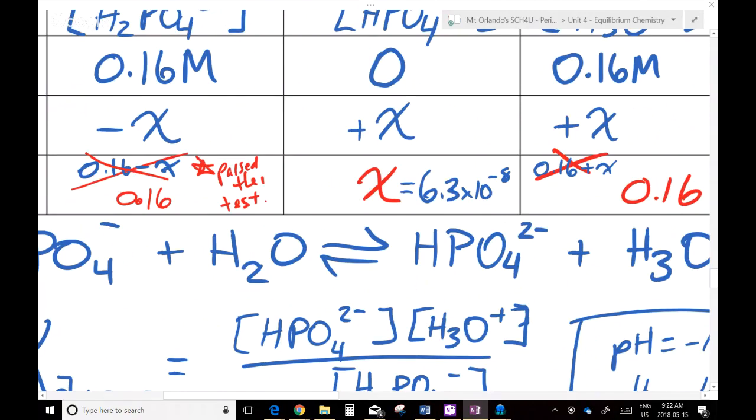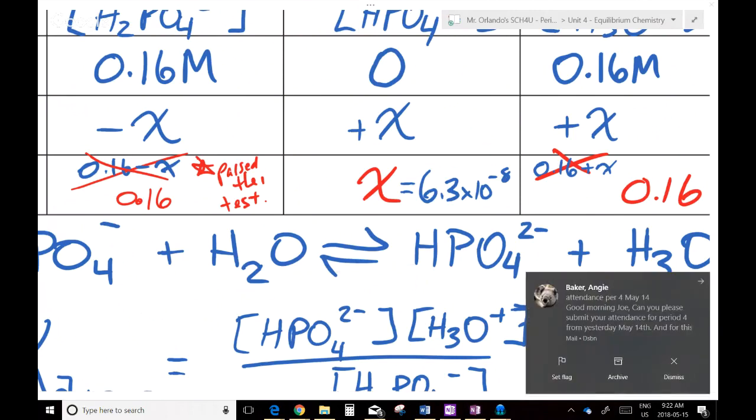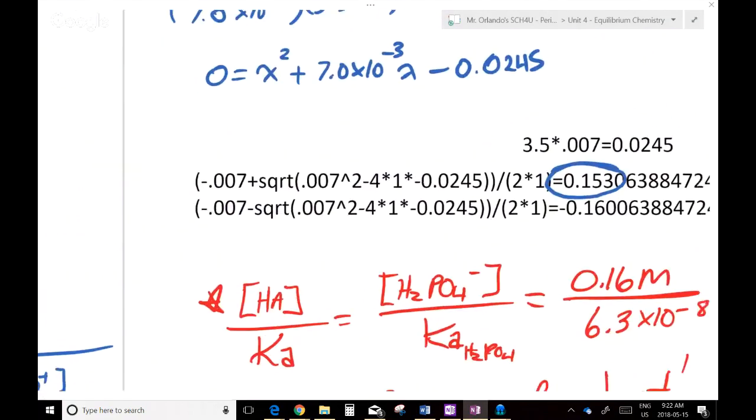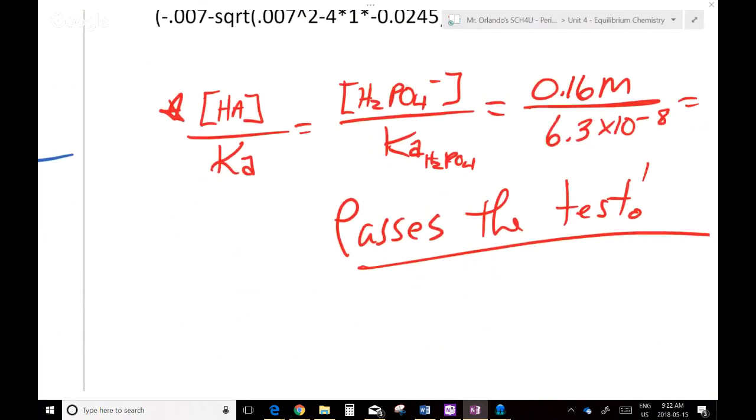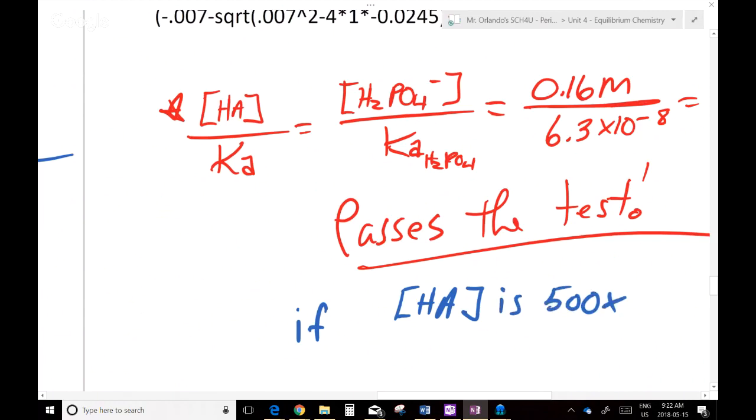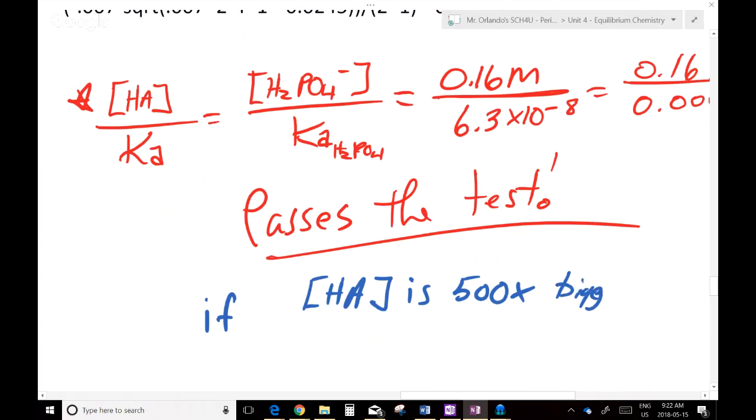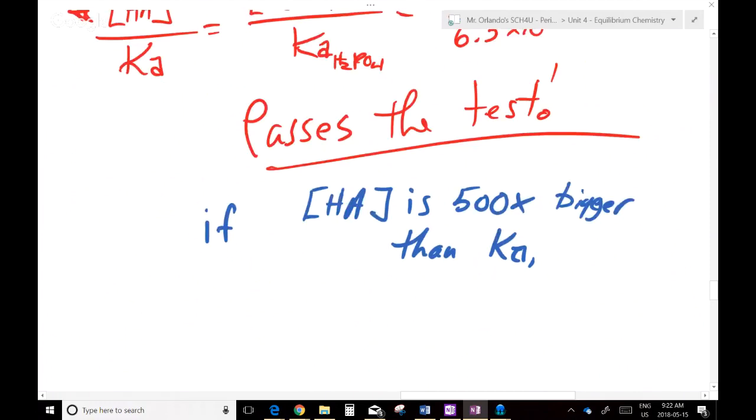Is there a way to predict when that x is going to end up being really small? And the way we predict it is we say, she's asking for my attendance. We say you can look at the concentration of the acid you start with and divide it by Ka. If HA is 500 times bigger than Ka, then HA minus X will just equal HA.